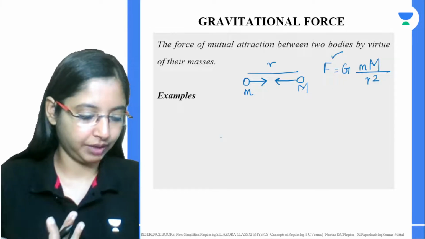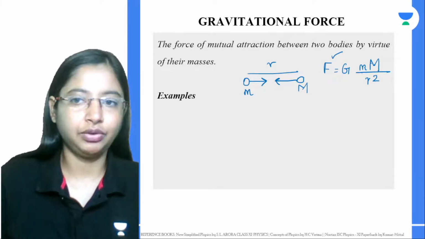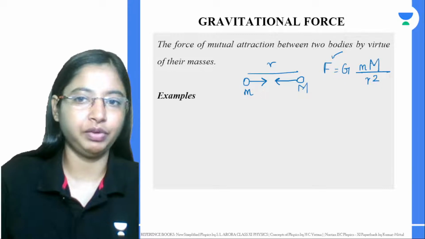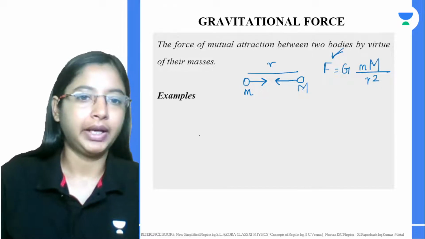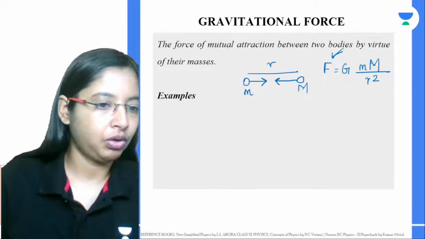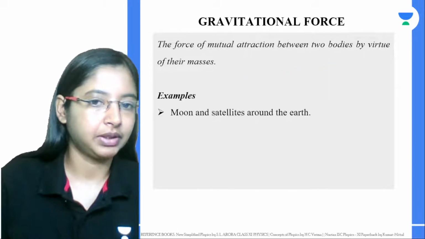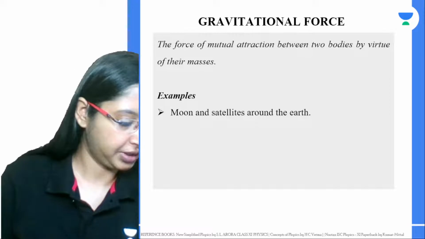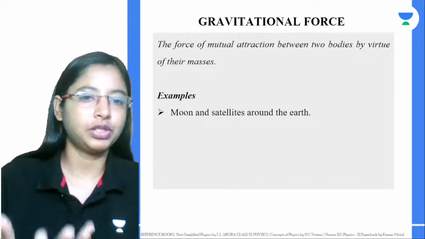What is the value of the gravitational force? If you know the masses of both objects, and if you know the distance between them, with G being a constant, we can find the force. So what are the examples? One is, as Akshay suggested, any object when thrown up comes down.